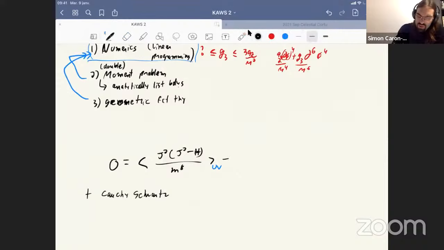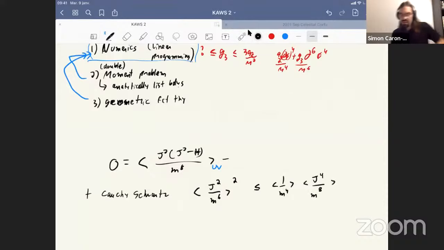But Cauchy-Schwarz also tells us that the average of J squared over M6 squared is less than the average of 1 over M4 times the average of J4 over M8. So basically there's a 1 over M4 that's passive here. Maybe I could write it differently.